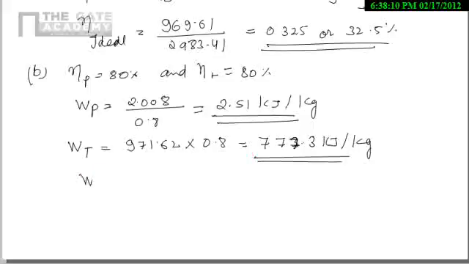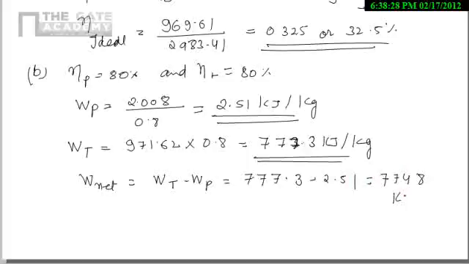Now we can calculate W net. W net in the actual process will be the same, Wt minus Wp, so 777.3 minus 2.51. It will come around 774.8 kilojoule per kg. So by this way we can calculate the net work done.